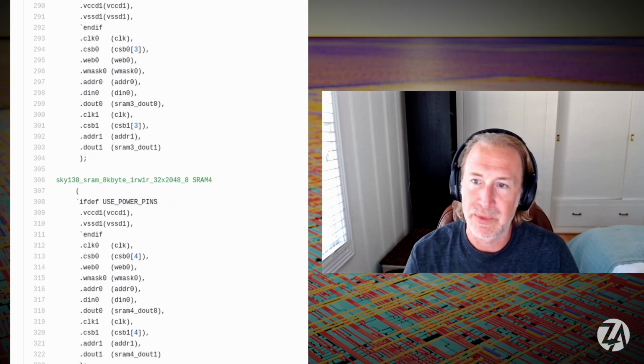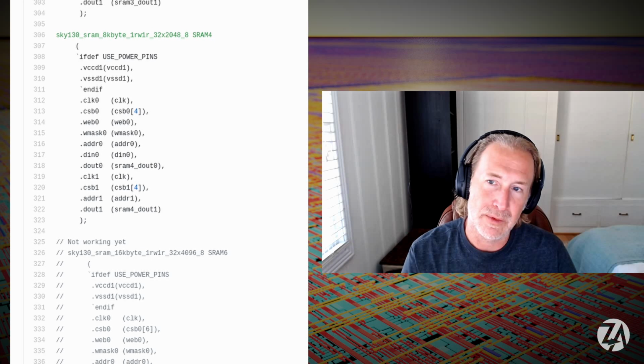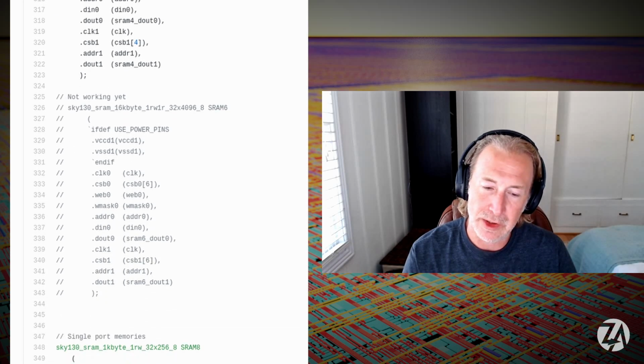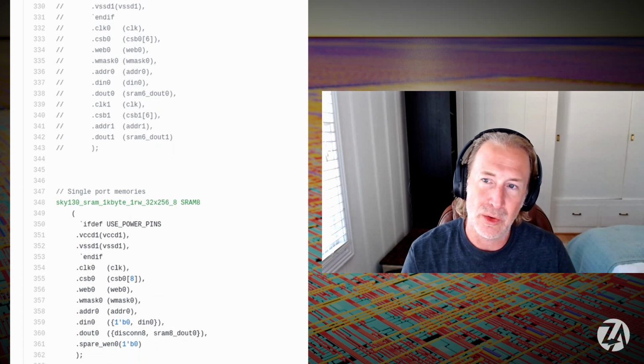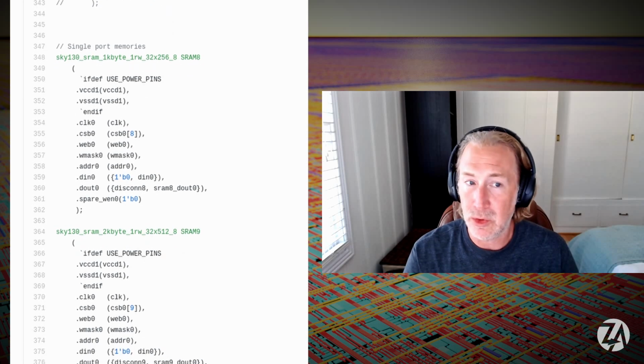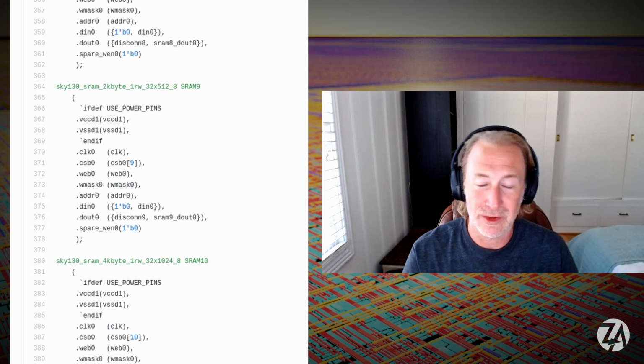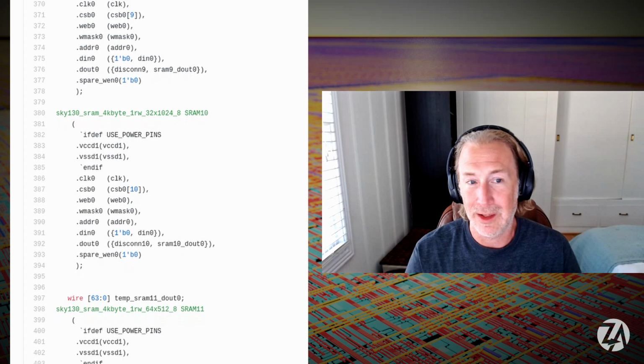One where you can scan in a big register value, and that register value decodes to which SRAM you want to use, what data you want to write or read, and the address, and then also the control bits. So you can scan in this register, clock it once, and then scan out the result to verify memories. So that's one way of doing verification of this.